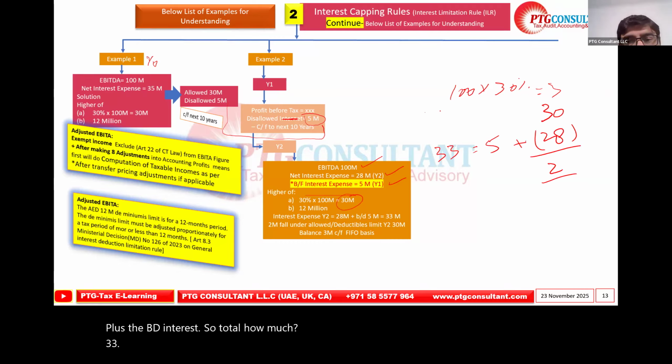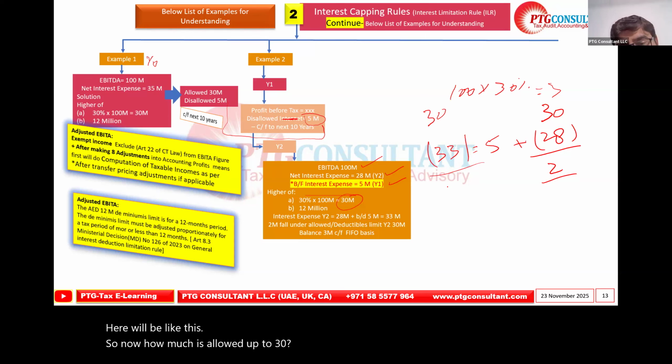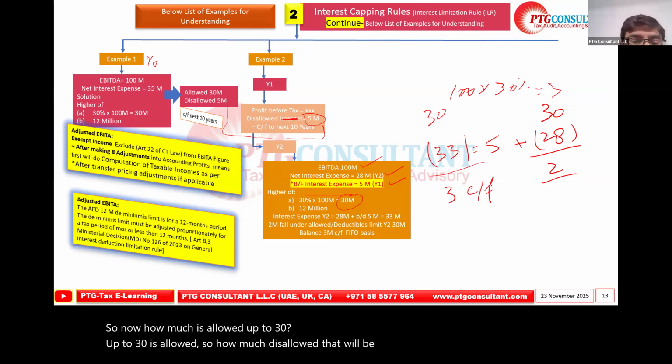Now how much is allowed? Up to 30 is allowed. So the disallowed amount carried forward is 3 million. But on which basis?